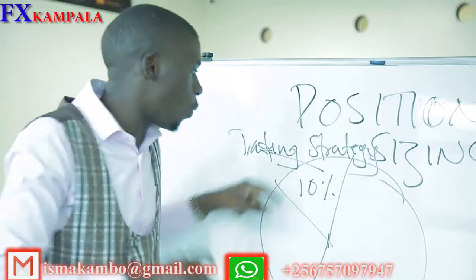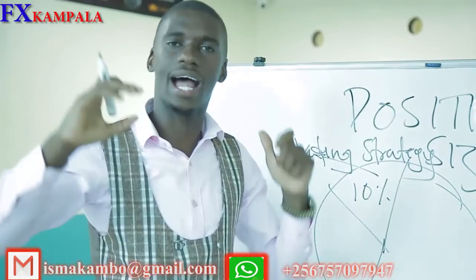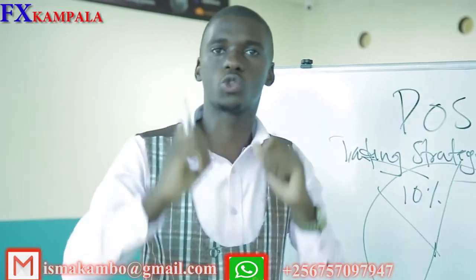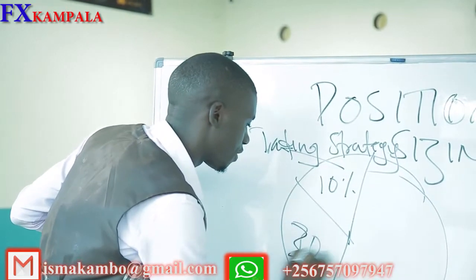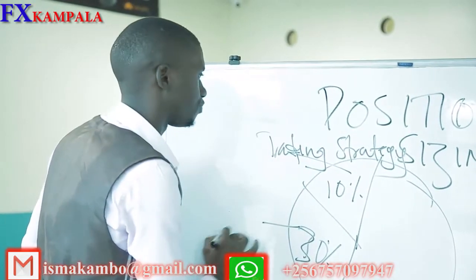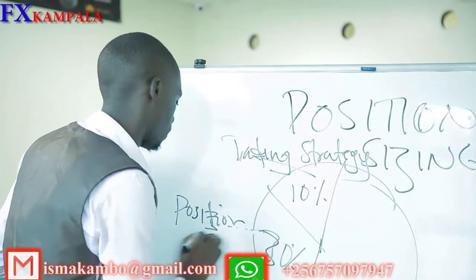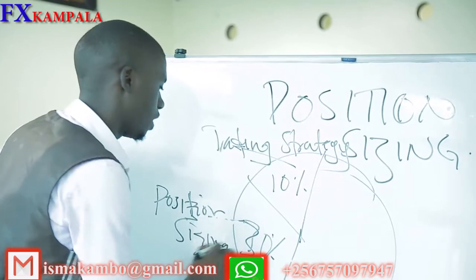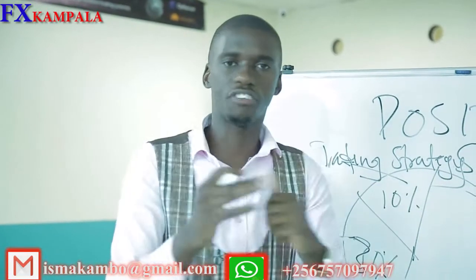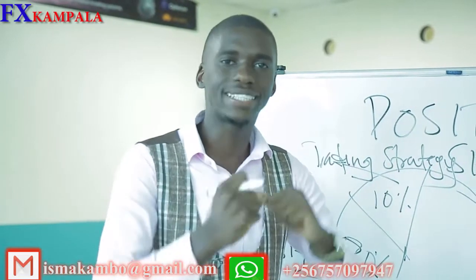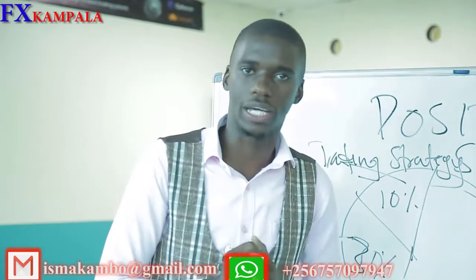So when you look at your whole total portfolio, you realize that a strategy alone carries 10%, whereby I gave 30% to position sizing. This is where we look at how much we are risking in a trade. We calculate that if I'm to trade with $1,000, how much am I supposed to risk for every trade out of $1,000?